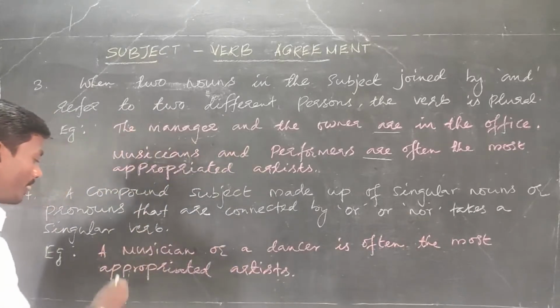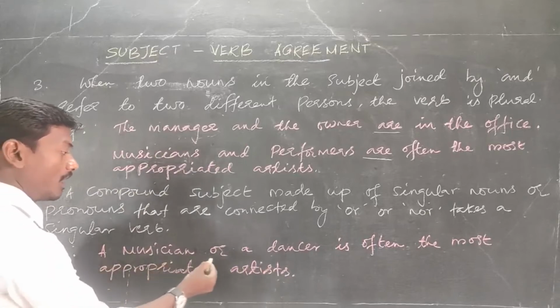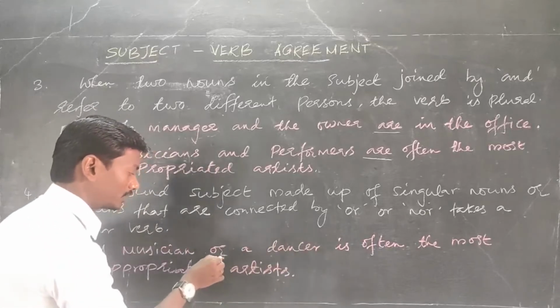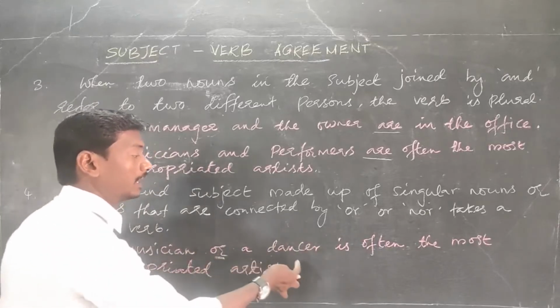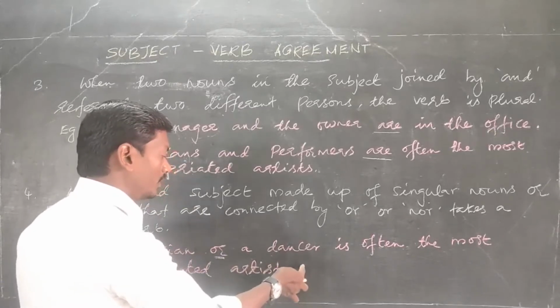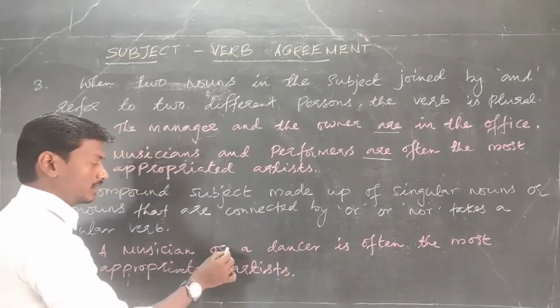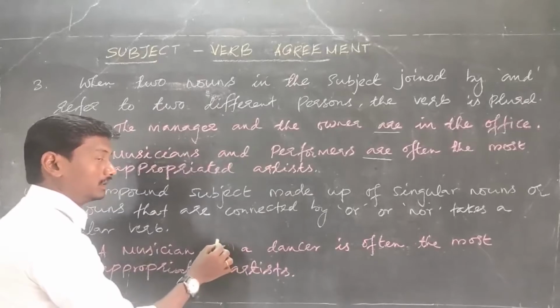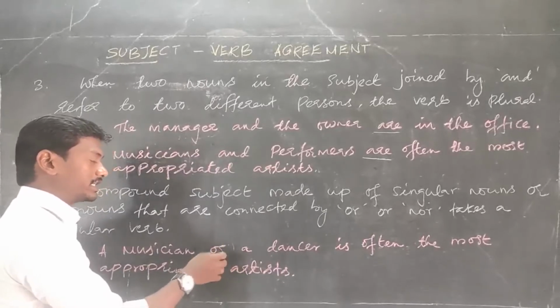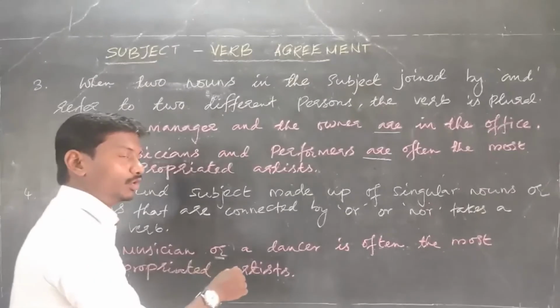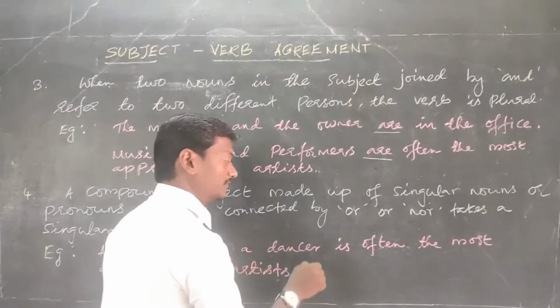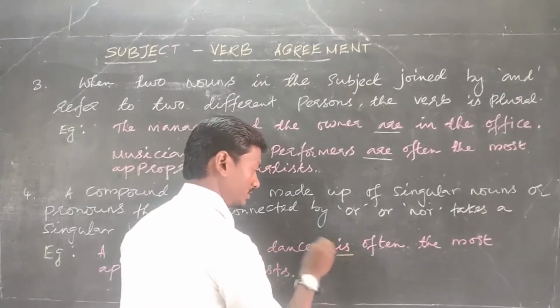For example, a musician or a dancer. In a sentence, if the coordinating conjunction or comes, you have to write a singular verb.